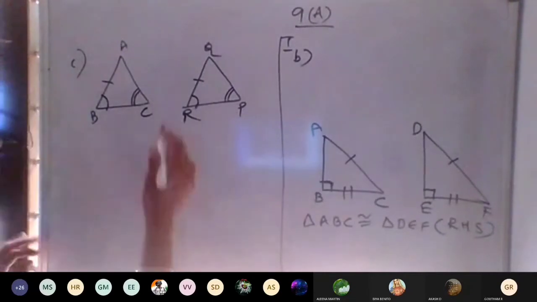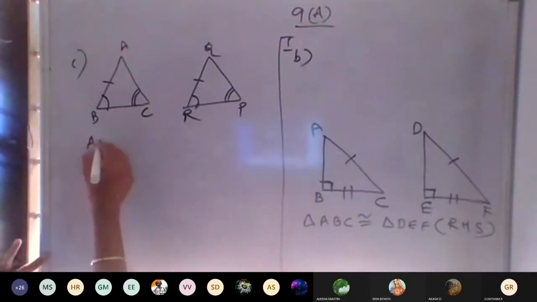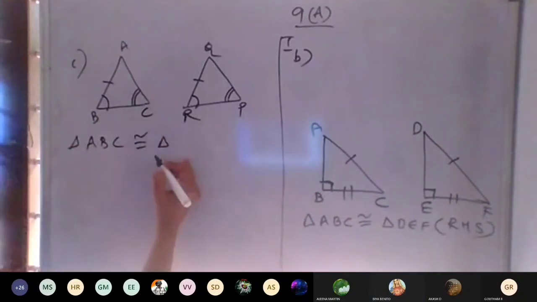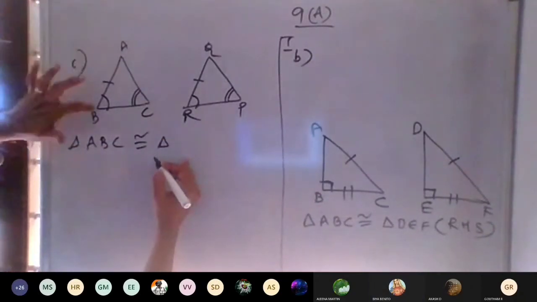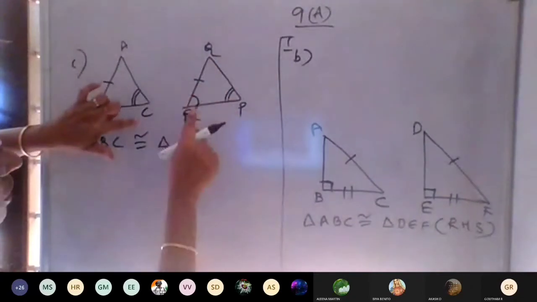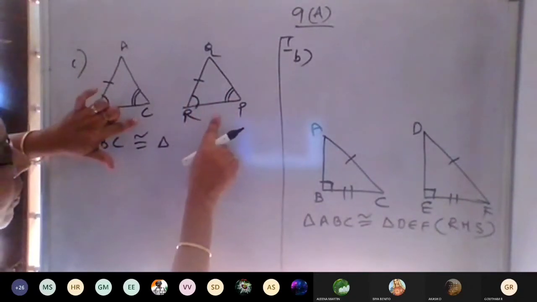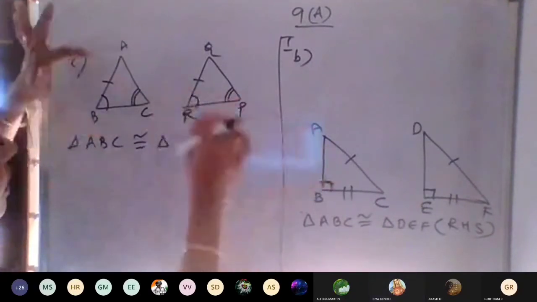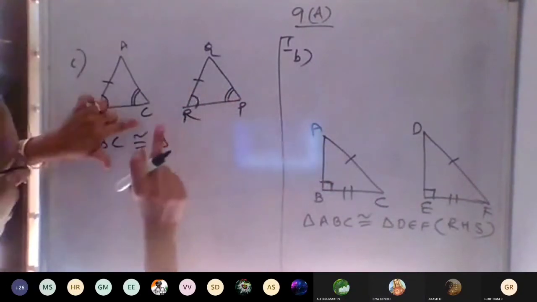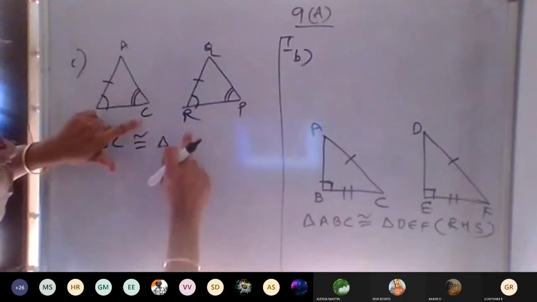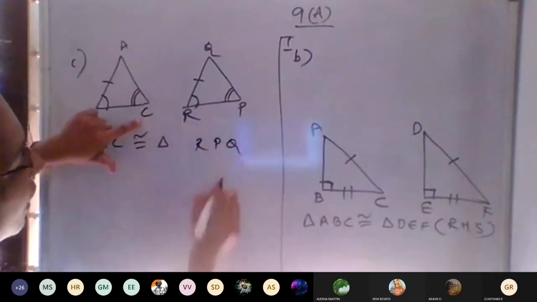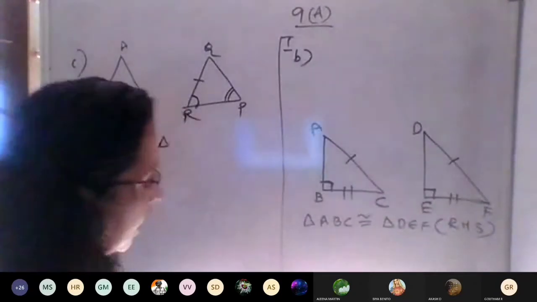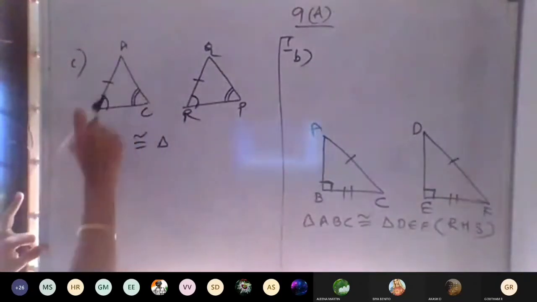Then do the next one. So here we can write what? Triangle ABC is congruent to triangle... ABC we are writing, so in the same way you have to write this one. This is very important next year. If you are writing ABC, don't write RPQ. Understood? Corresponding sides and corresponding angles. Think of that and write.